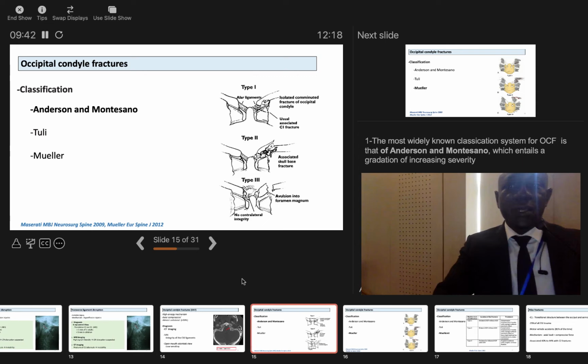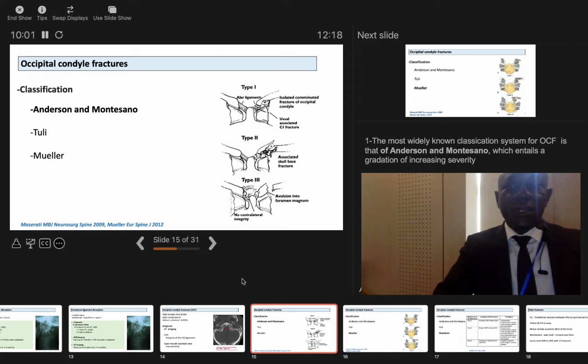The most widely known classification for this lesion is the Anderson and Montesano classification, which entails a gradation of increased severity.